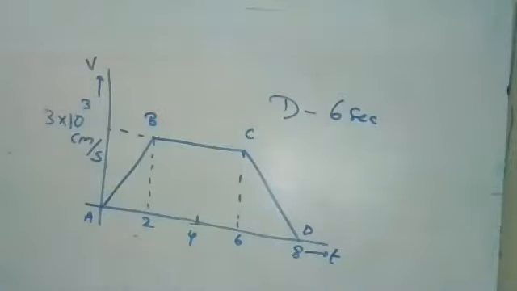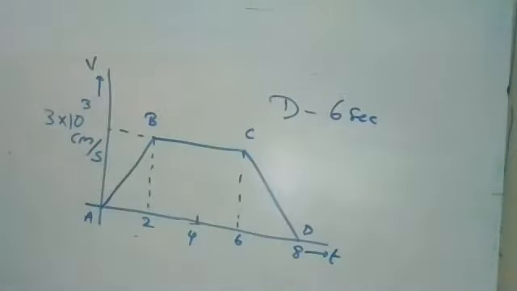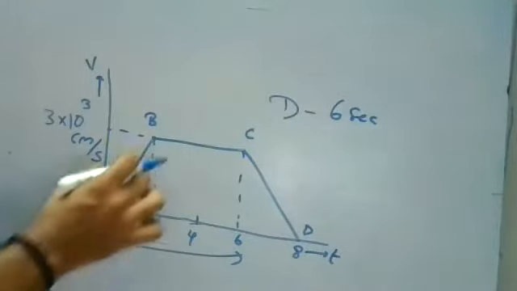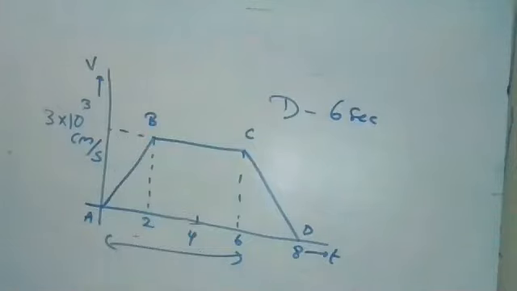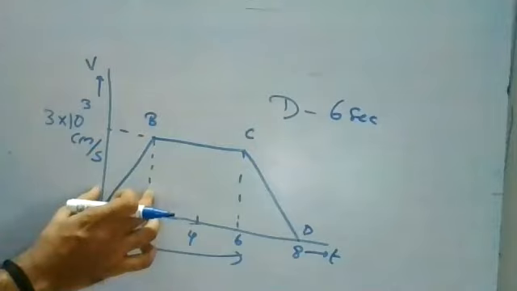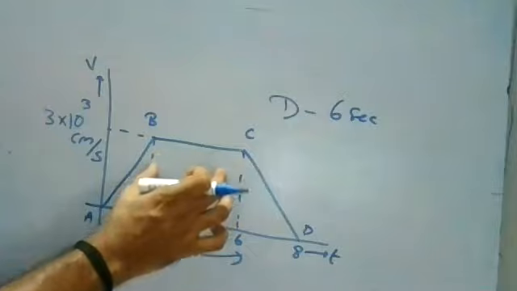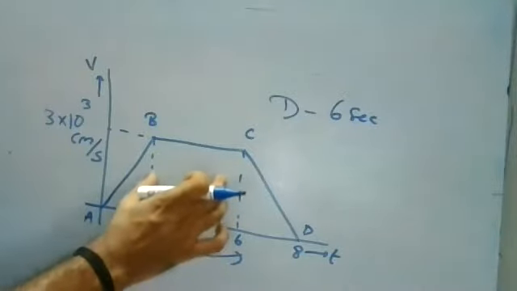Remember, to find the distance covered we have to calculate the areas, how much area it was covering. Till these 6 seconds, we need to find the distance. First of all, the segments are split. The first segment is for 2 seconds, because velocity was increasing, so acceleration is positive. Where velocity is constant, the acceleration is equal to 0.